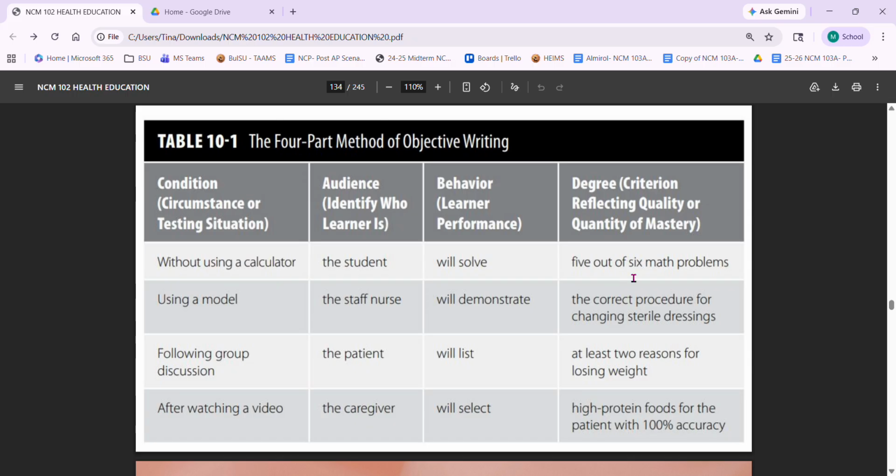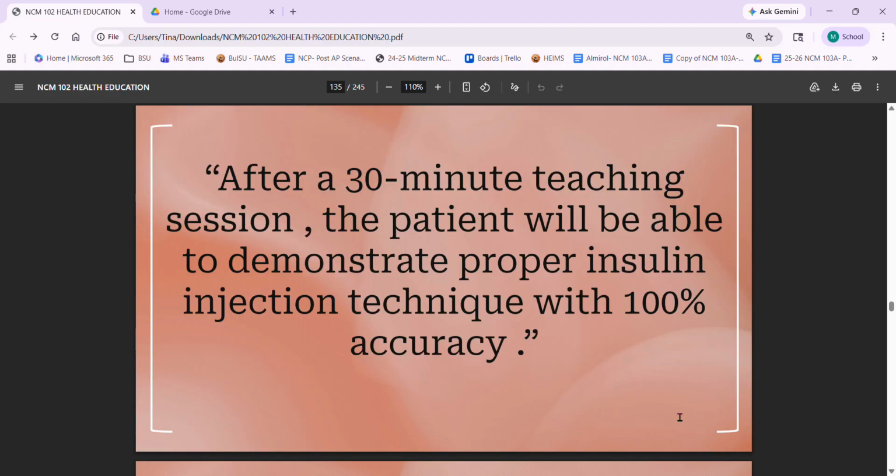That's your criterion. Okay? After watching a video, that's your condition, the caregiver will select high-protein food for patient with 100% accuracy. Okay? So, nakita na paano magsulat ng objective.